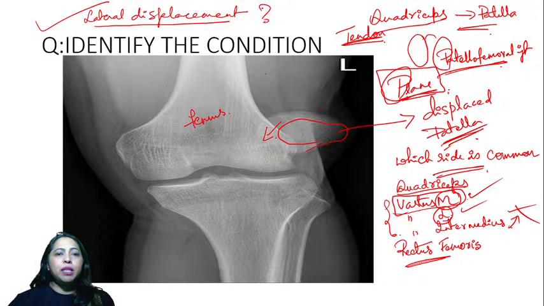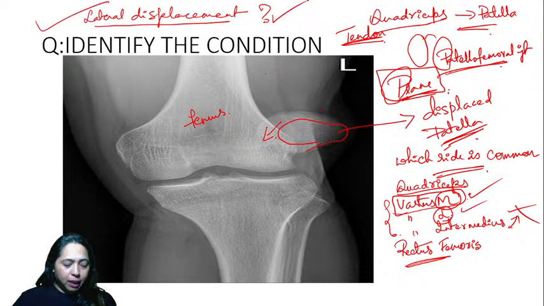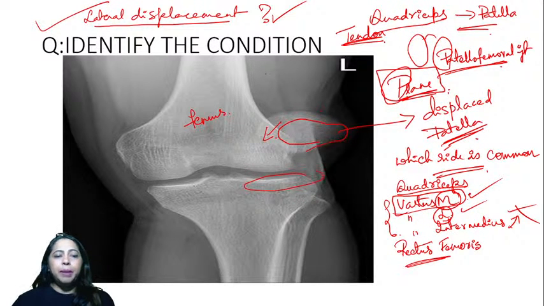So lateral displacement is more common compared to any other displacement. I hope you have understood. You can see always the medial one is bigger compared to the lateral side. The lateral side is not small. The medial side is the bigger articular face.